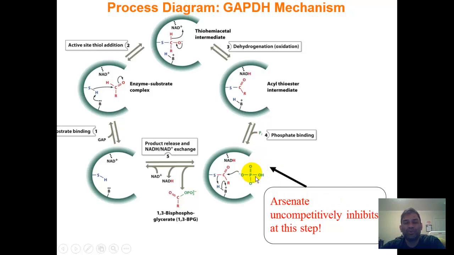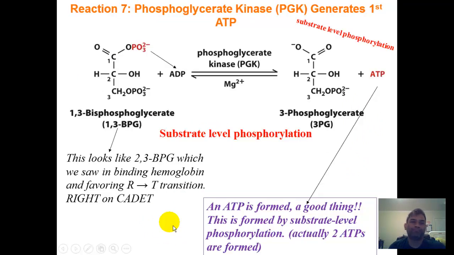Arsenate binds as an uncompetitive inhibitor at this step, displacing the phosphate. So arsenate is an uncompetitive inhibitor of glyceraldehyde 3-phosphate dehydrogenase. This is mechanistically what's going on. The byproduct here is 1,3-bis-phosphoglycerate.